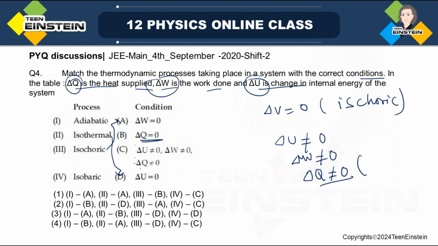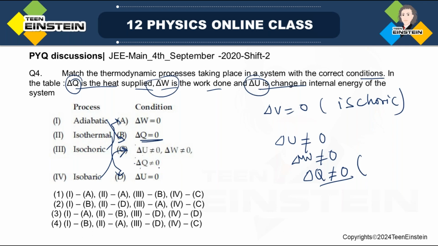In case of adiabatic process, there will be no heat exchange from the surrounding, so delta Q will be 0. Temperature change may happen. So then we don't have to do the other things. So this will be isobaric process.